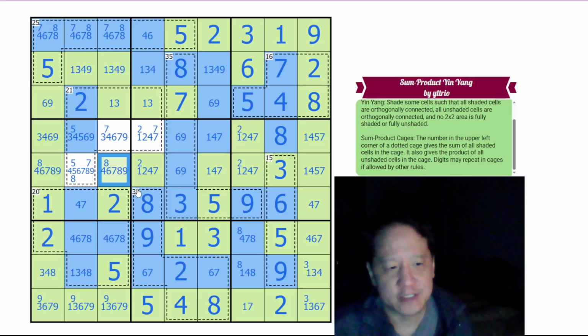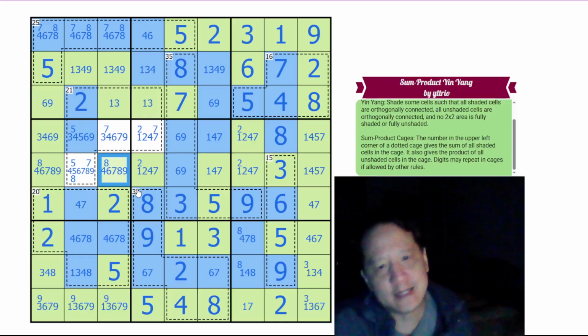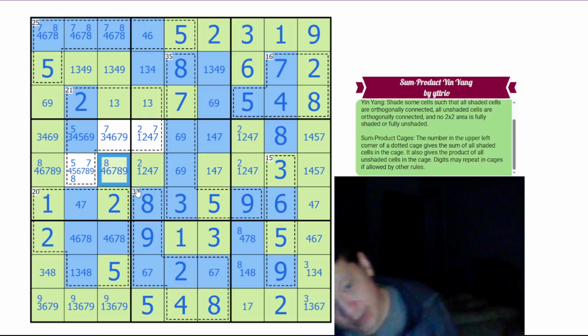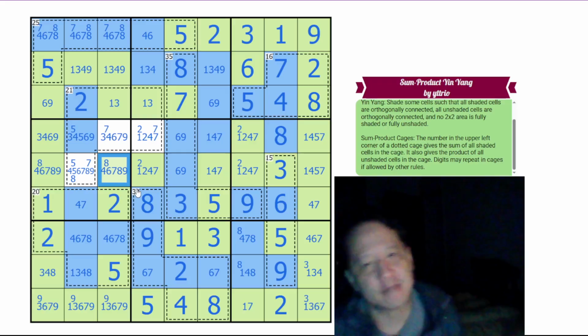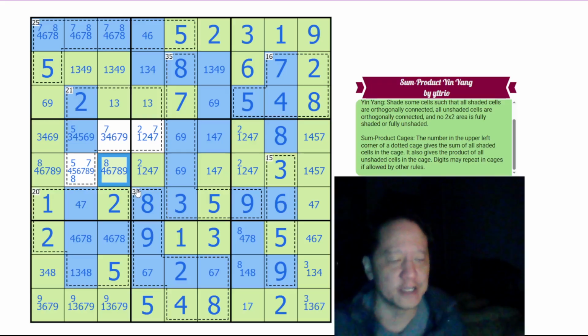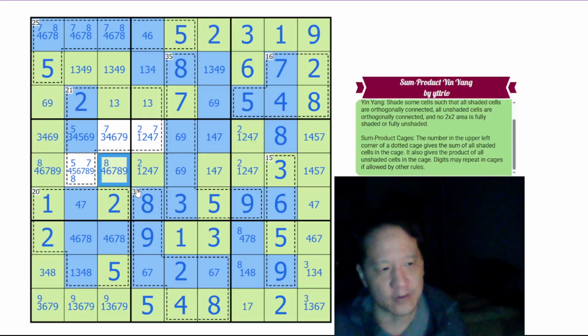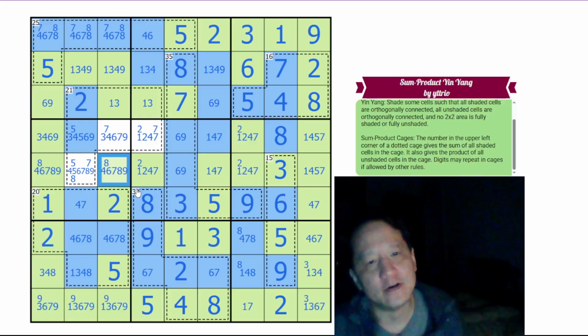I wouldn't put this as challenging. The logic is not that hard. So the logic is probably a little easier. Well, no, even then, the logic is still like yin yang shading isn't necessarily trivial. And this isn't trivial either, right?